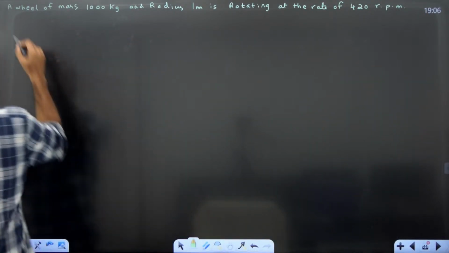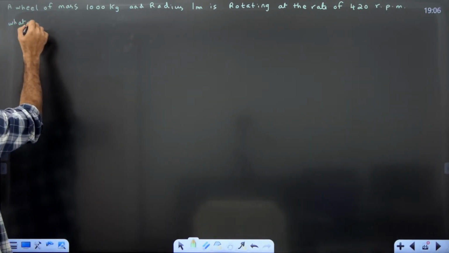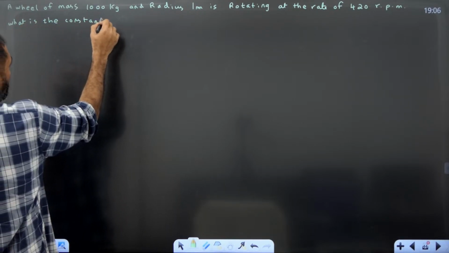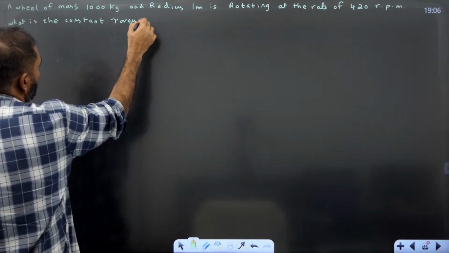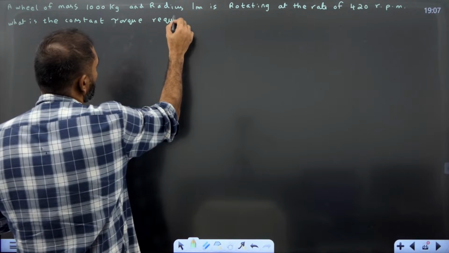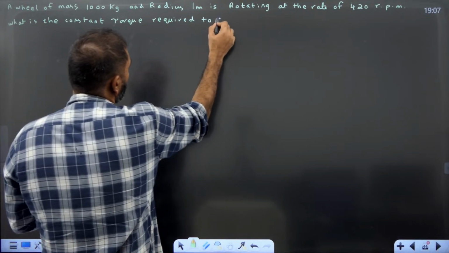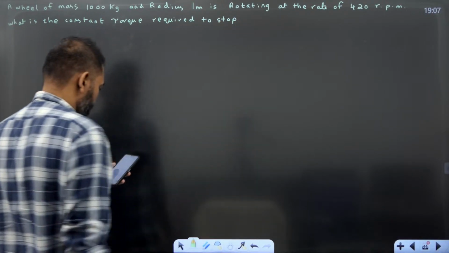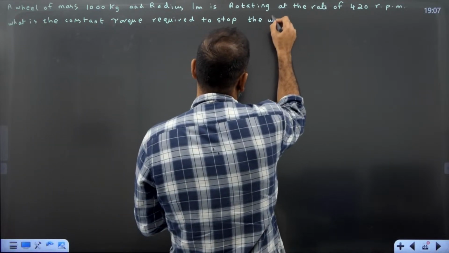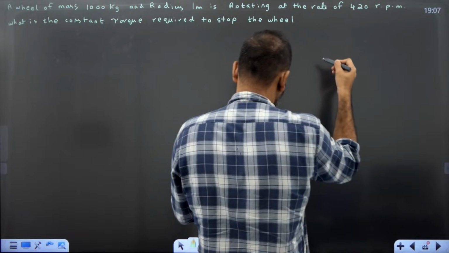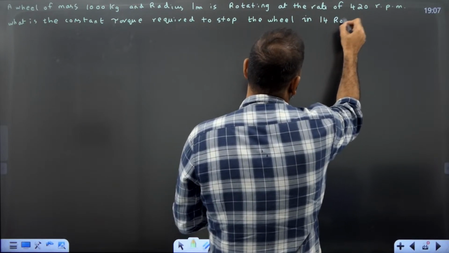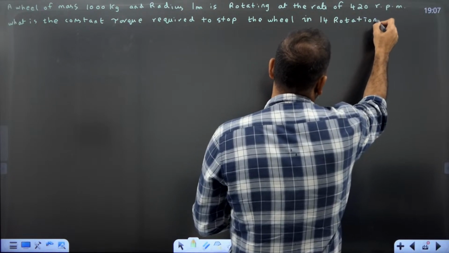What is the constant torque required to stop the wheel in 14 rotations?